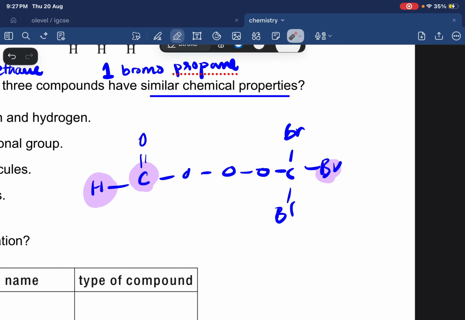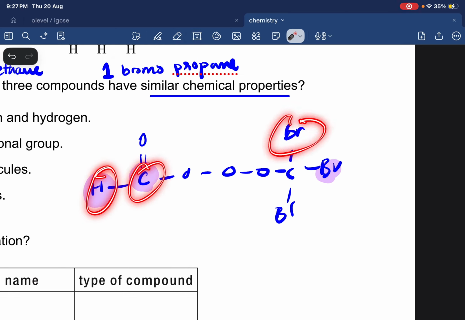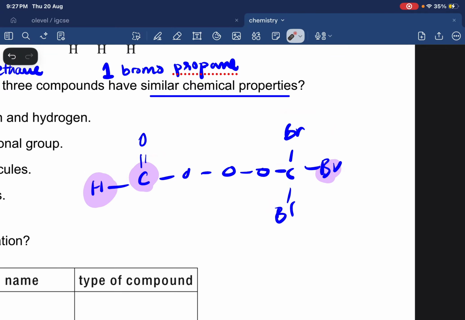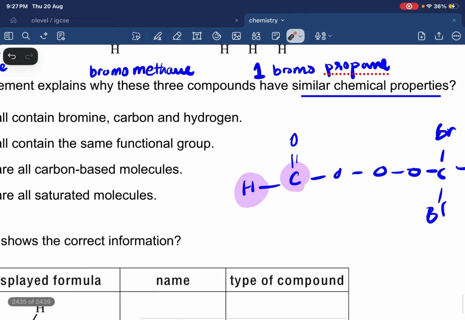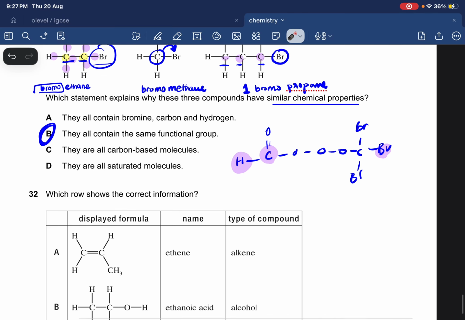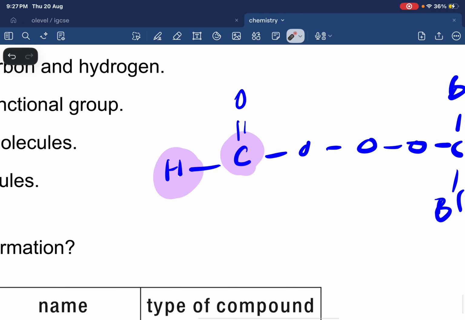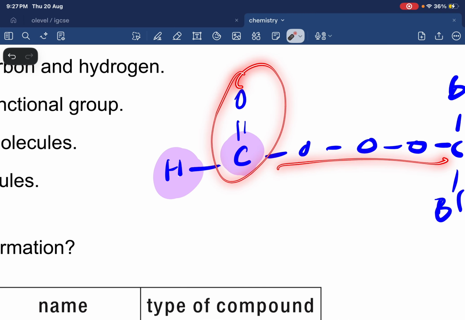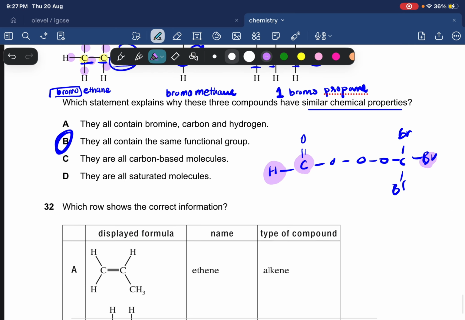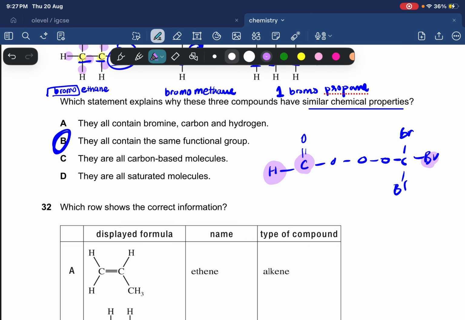They contain the 3 essential parts, but it's still going to give a different result. Why? Because it does not have the same functional group. It has this carbonyl functional group and there are more things to it. So you just need to realize it's not about the atoms, it's about the functional group.